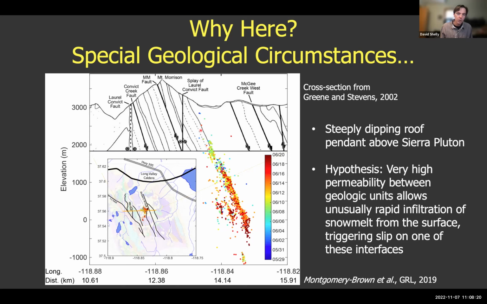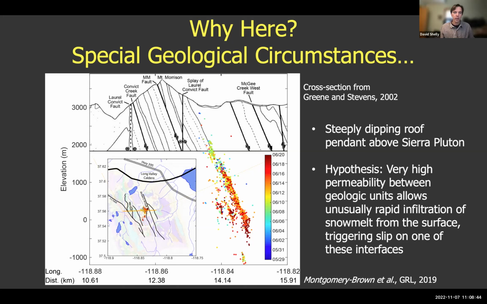And in fact, when we superimpose the relocations, I swear I did not manipulate this to make it line up better. We see that the seismicity appears to align along the down dip extension of perhaps one of these bedding interfaces. So it looks like we're getting a lot of water from snowmelt.